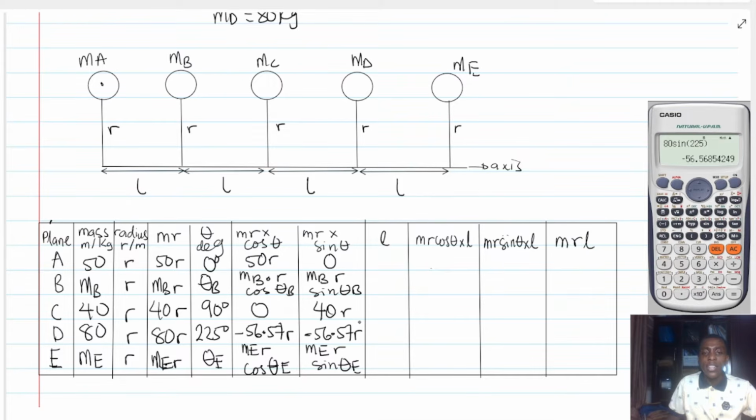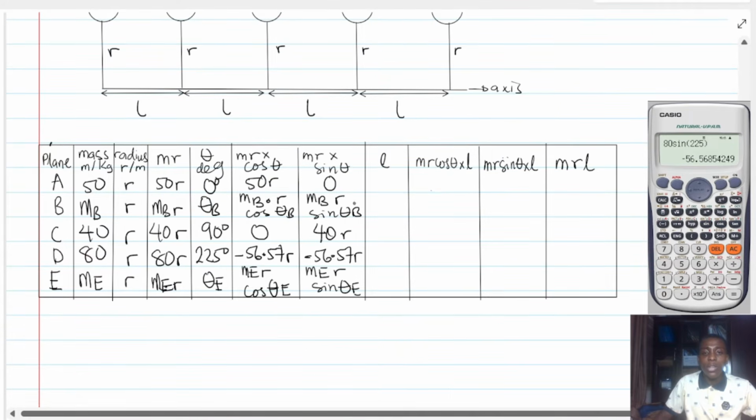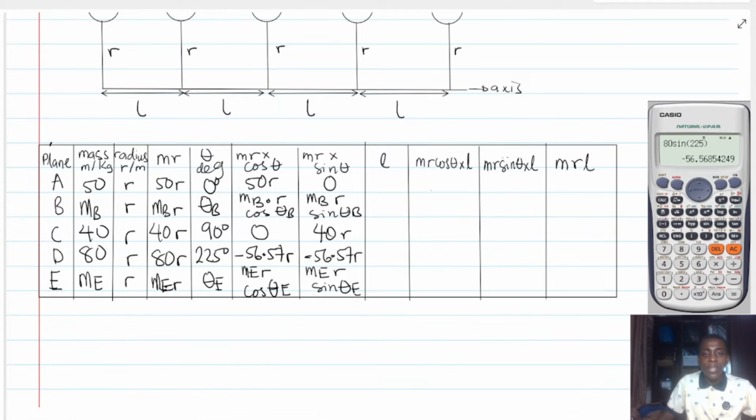Okay. At this point, we need to eliminate one of them to be able to solve it. Clearly, we have to choose a parameter with more unknowns so that we can eliminate. Now, they all have R within them, so that is not a problem. But I have MB and sine theta B here.